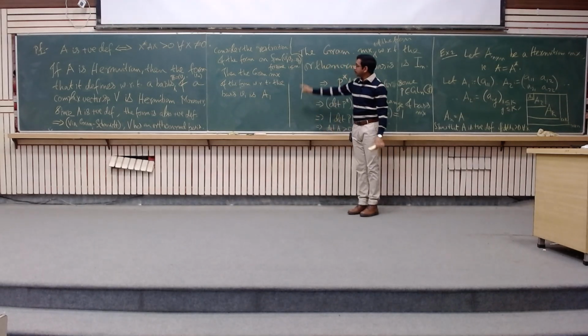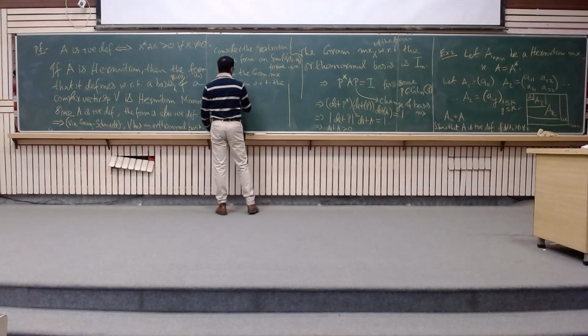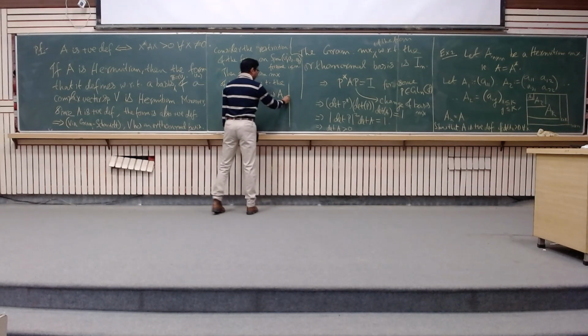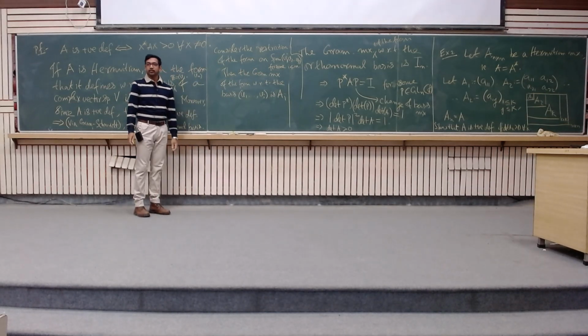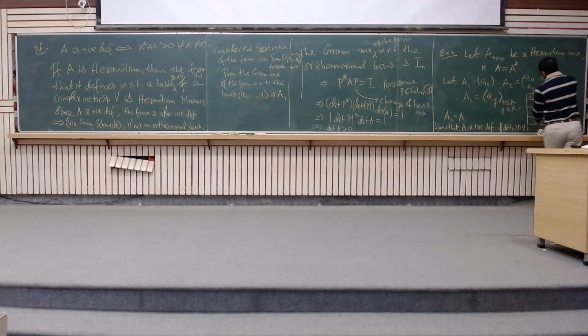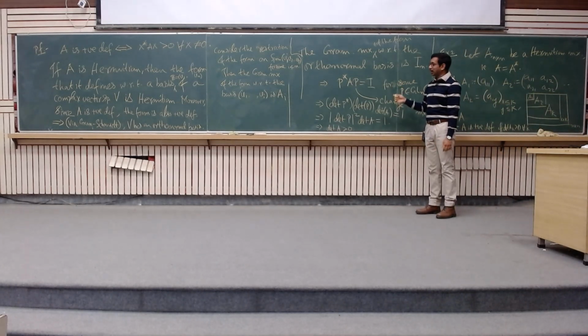Then the Gram matrix of the form with respect to the basis V1 to Vi is just Ai, just the first part of this. You are considering only this part, and these are just Vi, Vj, where i and j both are less than or equal to k. Exactly this one. And you know that the form is Hermitian and positive definite on this span as well.